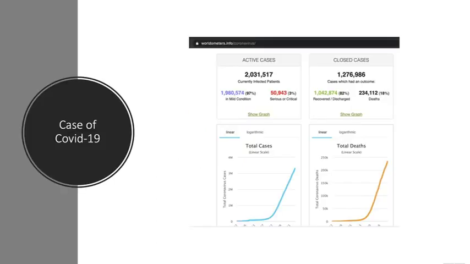And also this is the case of the COVID-19 pandemic. If you look at this website, you see the numbers of active cases, the number of people suffering, the people who survive, and the number of deaths.